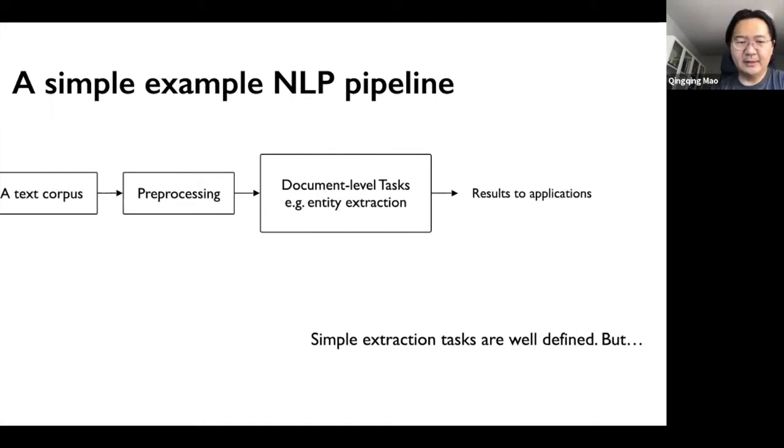After that, you have some real NLP task, let's say entity extraction. For example, you want to extract all the people mentions from all documents. And then the results can be sent to a result storage to be used in applications, things like that.